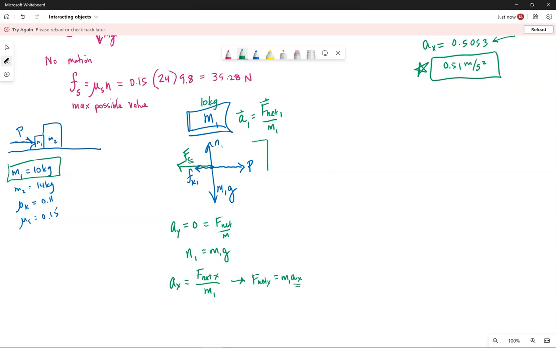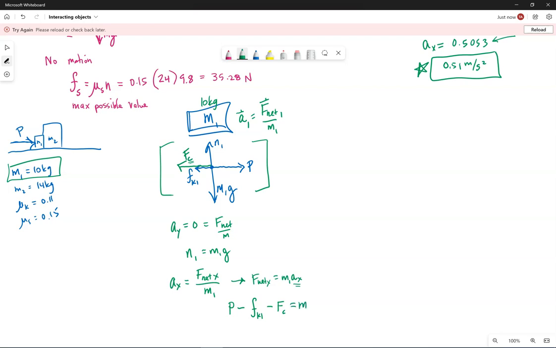So coming up to my free body diagram, net force in the x direction. I'm going to call forces to the right positive. So the push P is the force that is in the positive direction. The kinetic friction force on this box is to the left. The contact force on this box is also to the left.